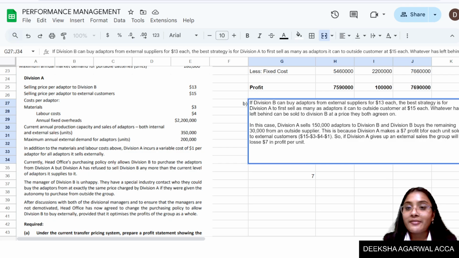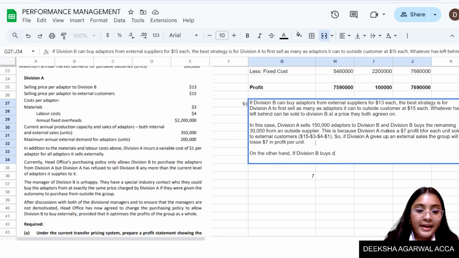Yes or no? $7 in profit they will be losing. So this is what I have mentioned now. I can mention that, on the other hand, what will happen if division B buys from an external supplier, then what will happen?